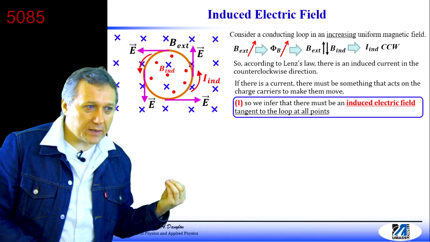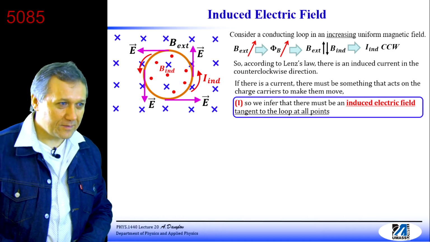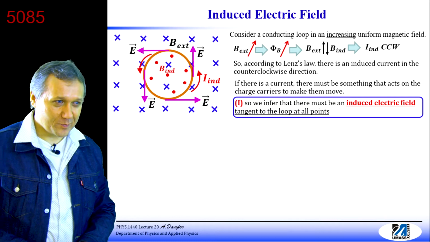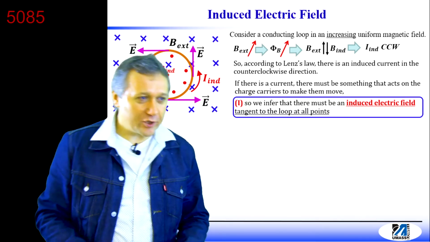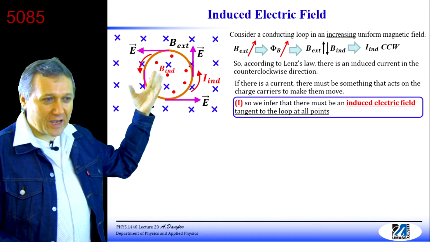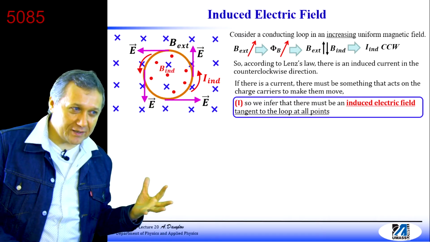And it doesn't matter if there is a conducting loop over here or not. This is not obvious. So you have to trust, right? So basically that's how God programmed nature, right? So basically, a changing in time magnetic field produces this induced electric field.